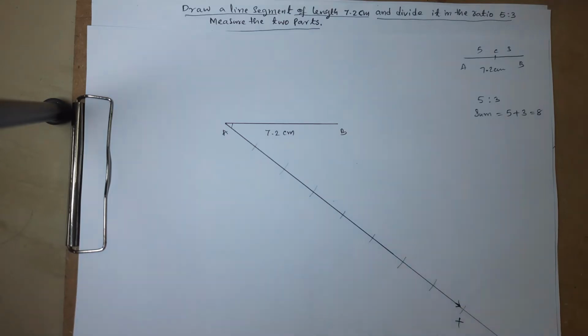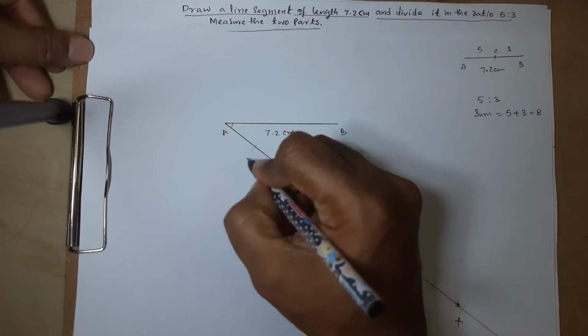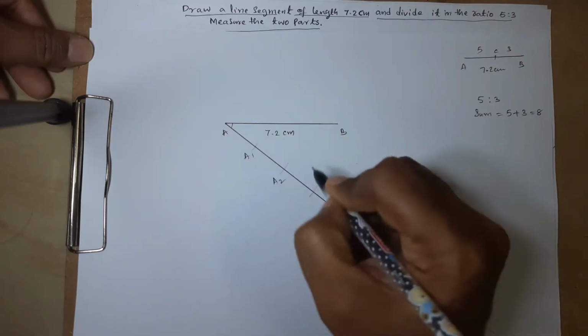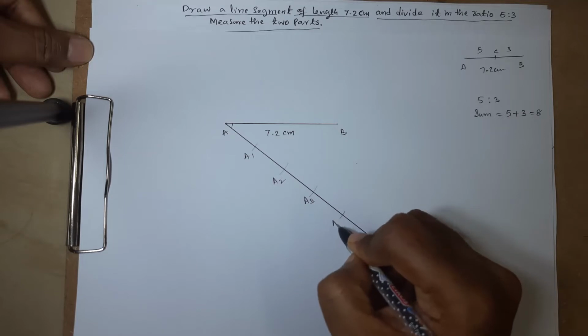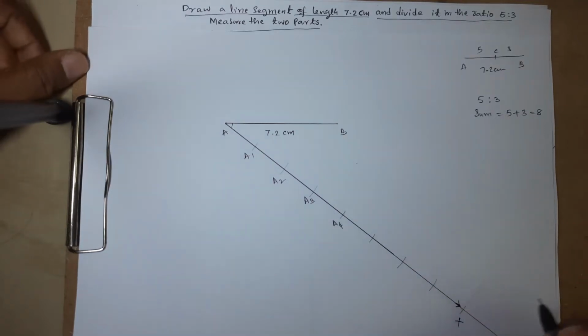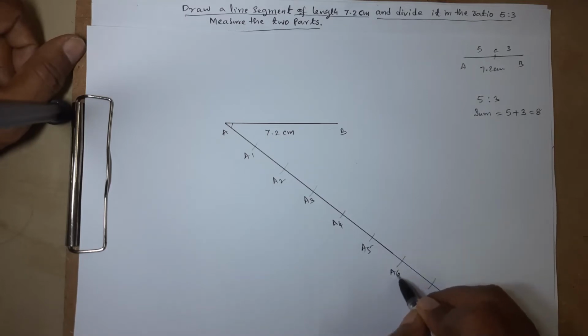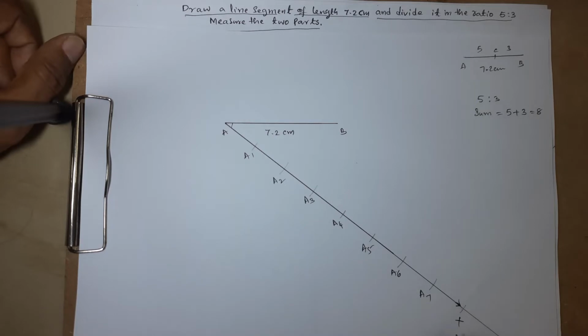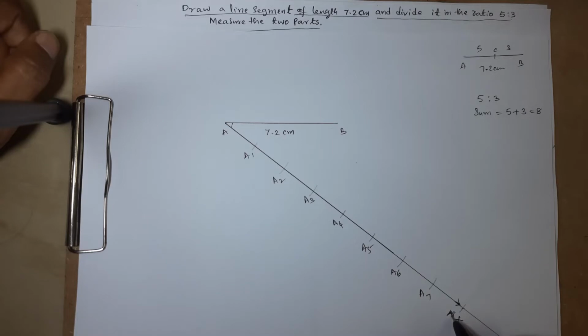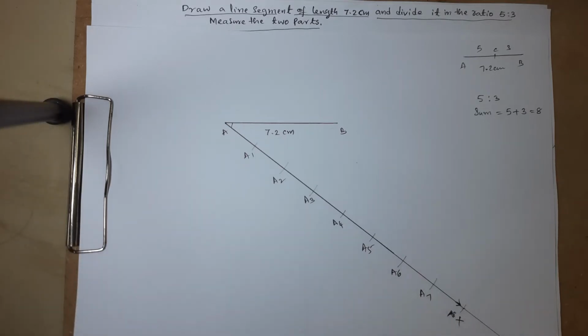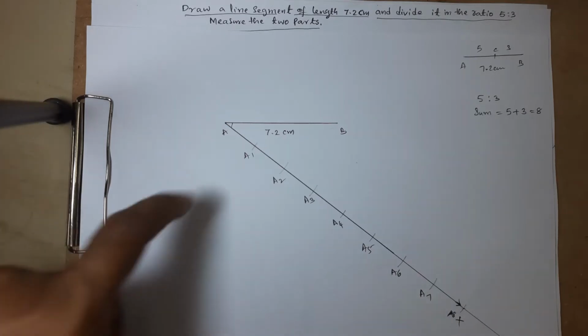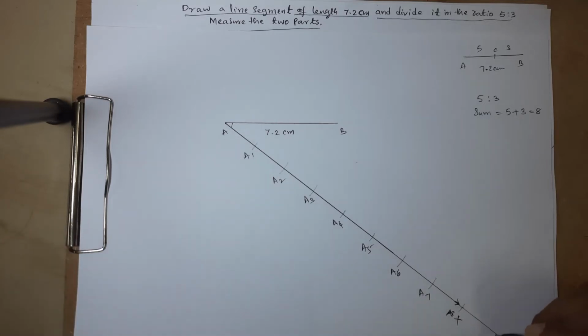Now here let these points be A1, A2, A3, A4, A5, A6, A7 and A8. This point is A8. These are the 8 points we have marked on this ray. What is this ray? The AX ray.